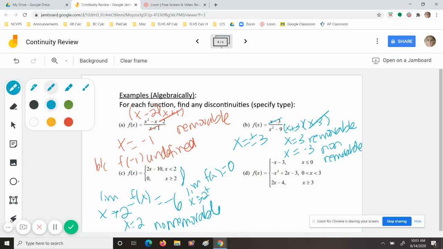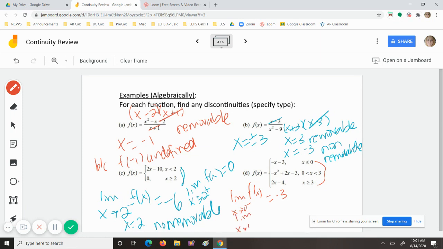All right, let's take a look at that last one. A little bit more involved because we do have two places where this is broken up. We're broken up at 0 and we're broken up at 3. So let's check limits for 0. Limit as x approaches 0 from the left would be plugging into -x minus 3, so that's going to give us -3.